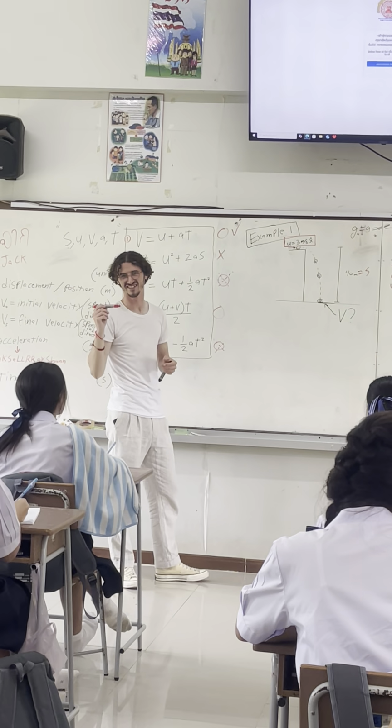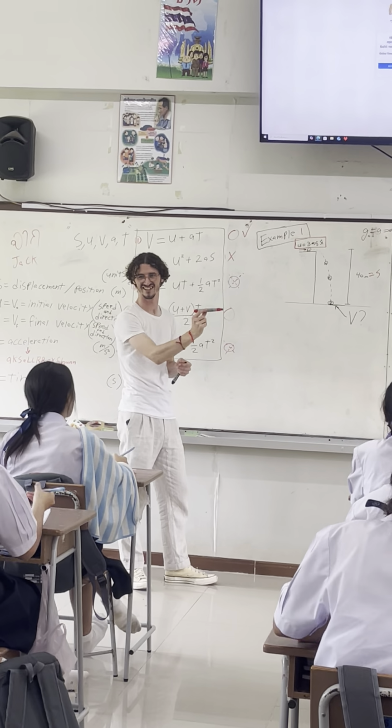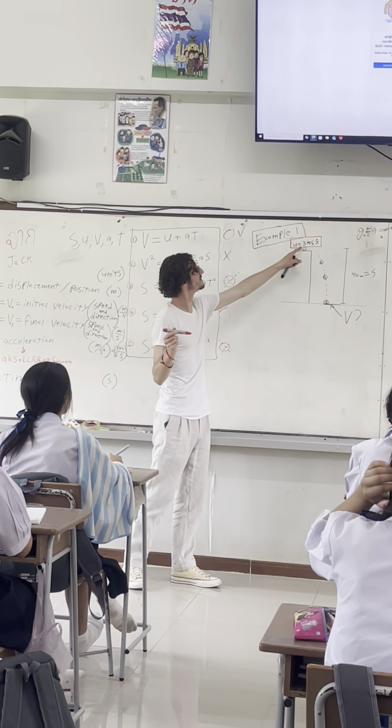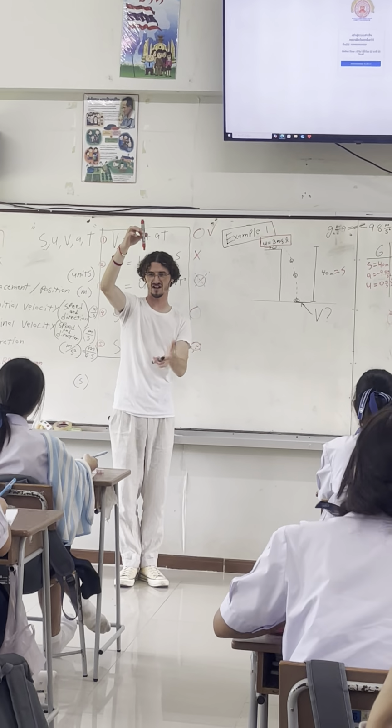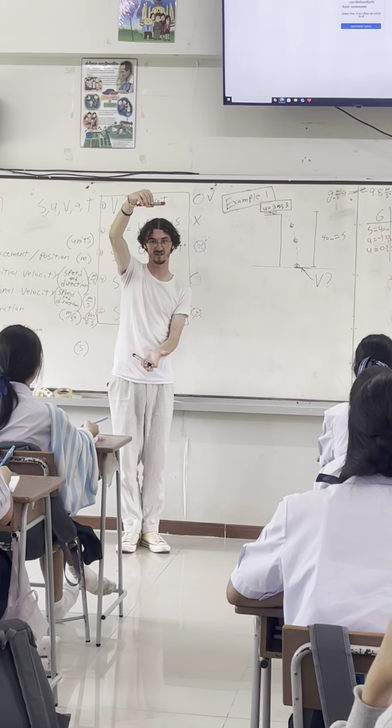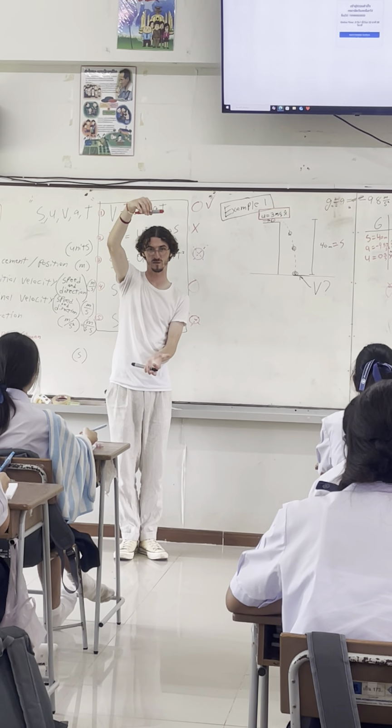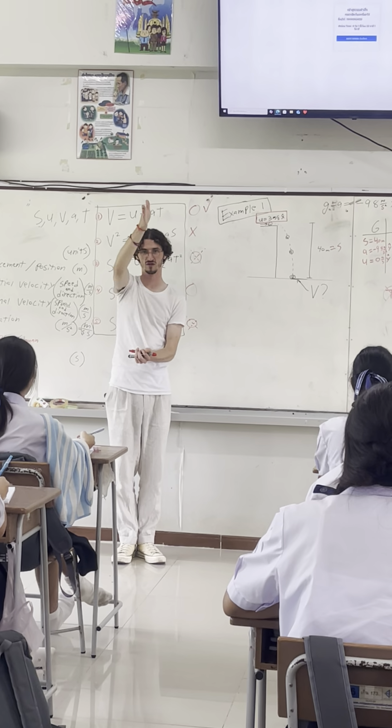X direction, 3 meters per second. If it's falling straight down, 0 in the x, 0 x speed, no change in x.